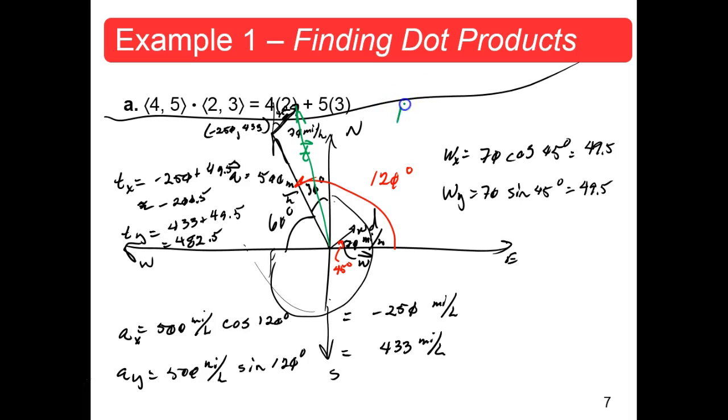So the magnitude of T is going to be what? Okay, pull out your handy dandy calculators and see what that resultant speed will be.